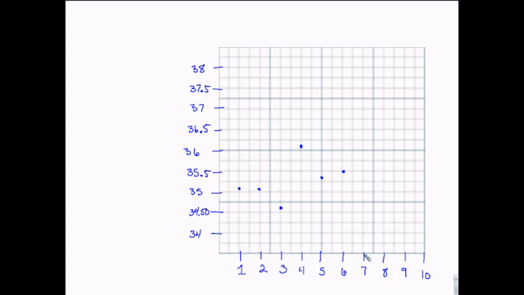Day 7, I'm 35.03, so just right above 35. Day 8, I'm 35.79, so here's 35.50, 35.75, so I'm just above that. And then day 9, I'm 37.07. And then day 10, I'm 36.05. Okay. And then I connect these.